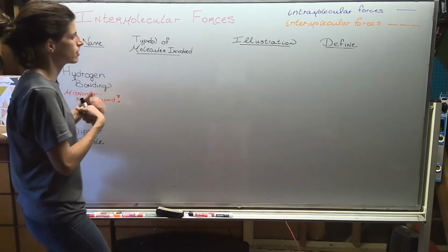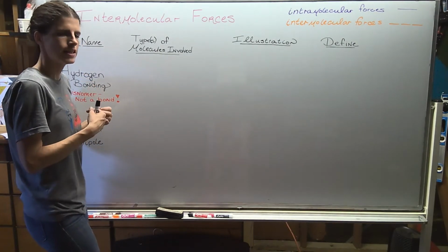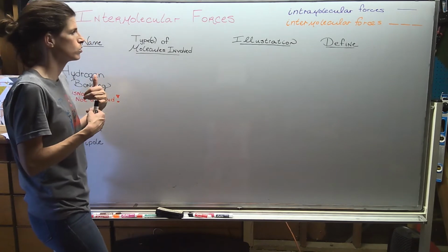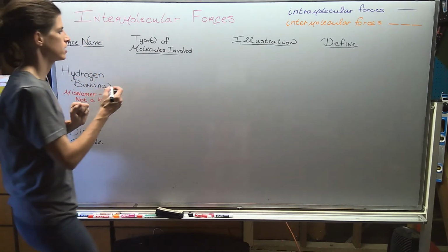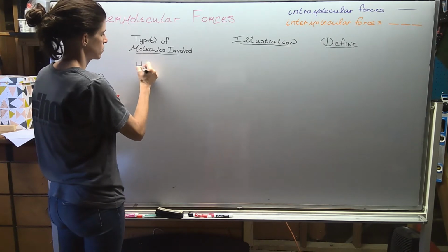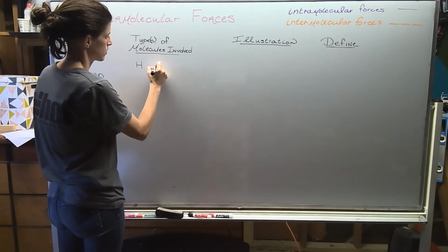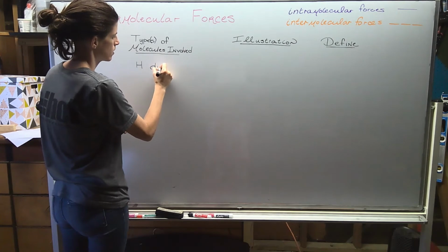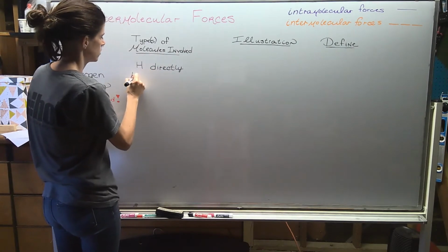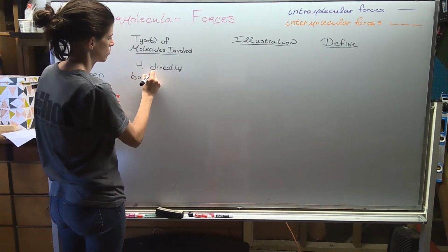I need a hydrogen directly attached to something on the phone to have hydrogen bonding. So types of molecules, we need hydrogen, obviously, thus the name, directly bonded to the phone.